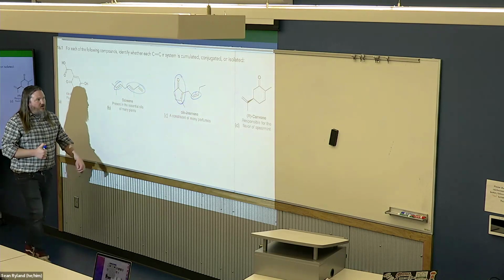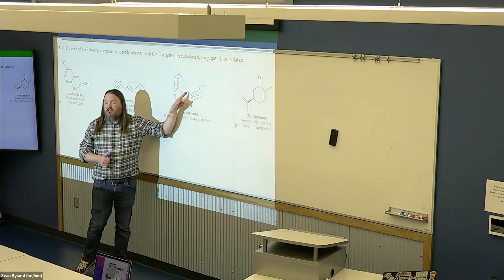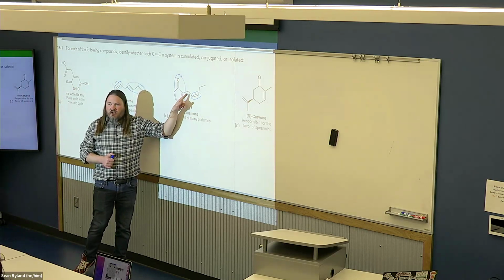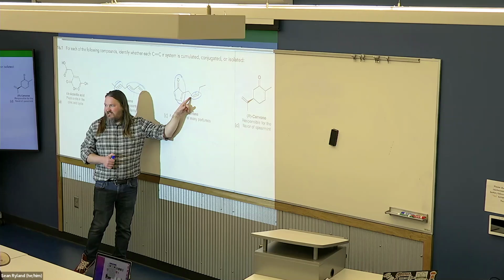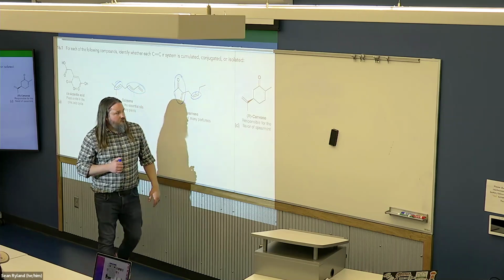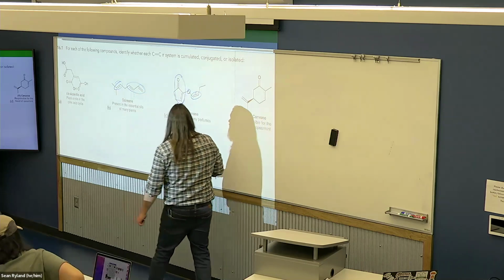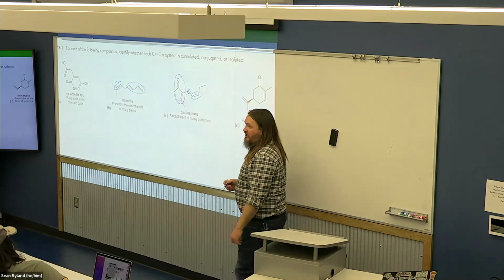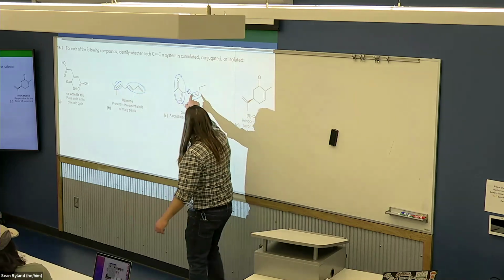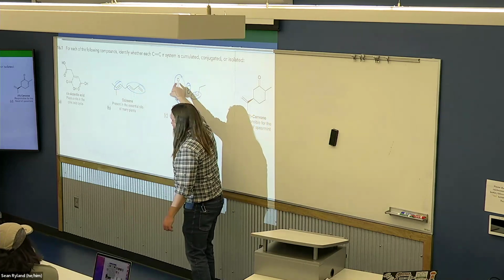If there's an sp3 carbon in between, then you can't have any resonance. If it's a lone pair, if it's a nitrogen or an oxygen, that gets a little bit hazy, right? Because a lone pair can participate in resonance. But if it's an sp3 carbon, there is no lone pair. But that's like conjugated next to something. So if we put an oxygen there, that whole system is now conjugated. Because that double bond is conjugated with that lone pair, which is conjugated with these double bonds.